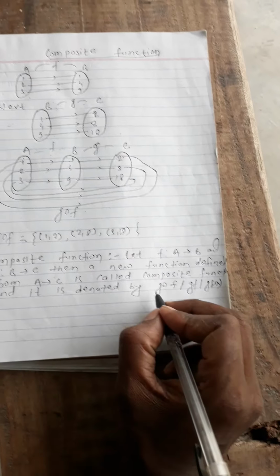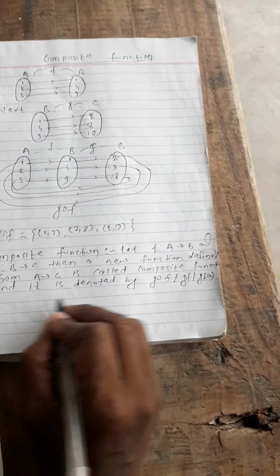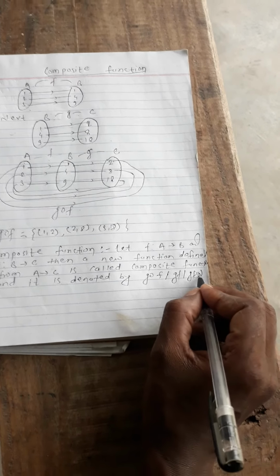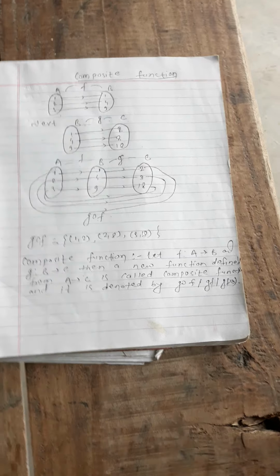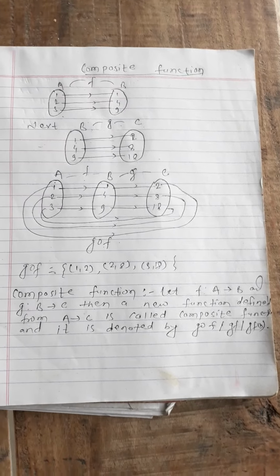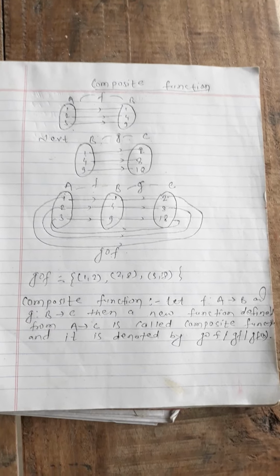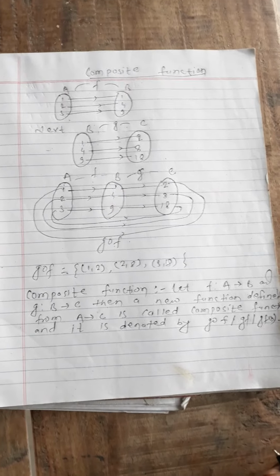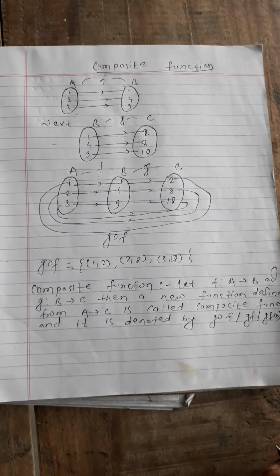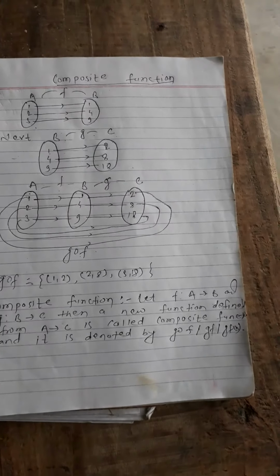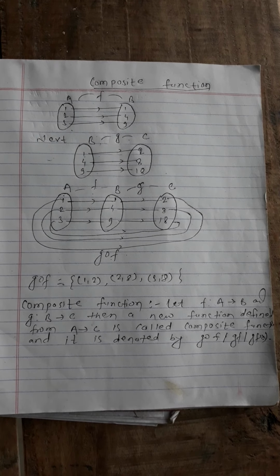These are the same thing: it is denoted by G operation F, GF, or GF(x). Okay, so this becomes the definition of the composite function. We have concluded the definition, and if you need to copy it, you can take a screenshot.